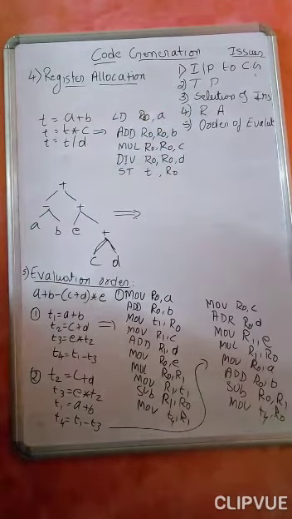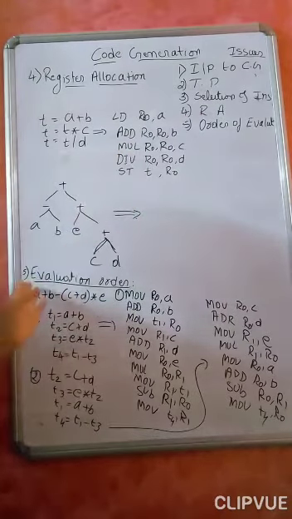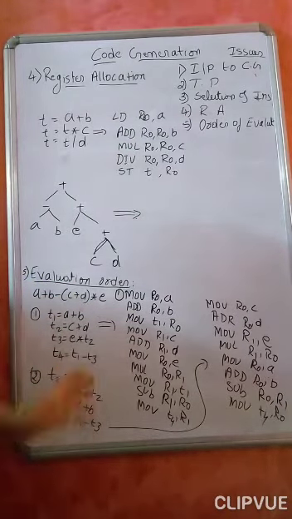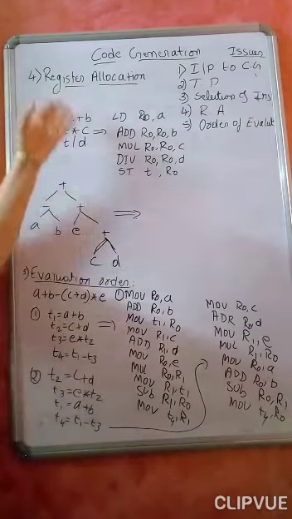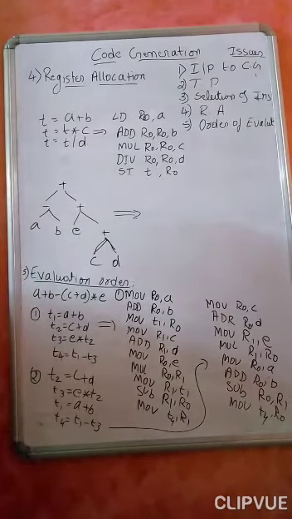Next one is register allocation, that is the fourth one, and the last one is the order of evaluation. Now I'll consider register allocation. It is a very important job in code generation, because if I go for a CISC instruction set architecture, the number of registers available will be very few. So I have to make use of those registers very efficiently.